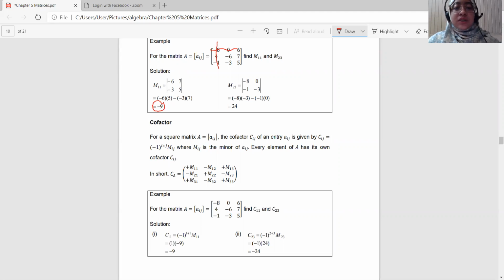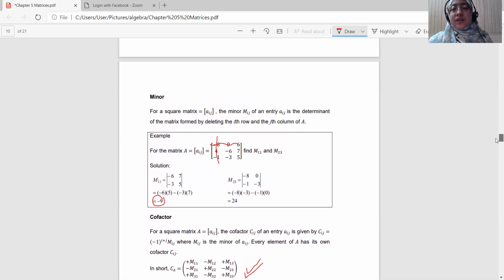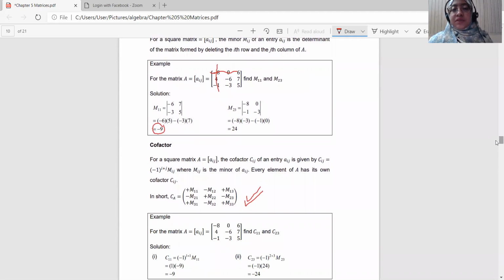Alright, so this is what we get. The first values are from the minor, but then you just multiply by positive, negative, positive, negative, positive, negative, positive, negative, positive, so you get the cofactor of the matrix. The step is still the same, deleting the row and column of each term.